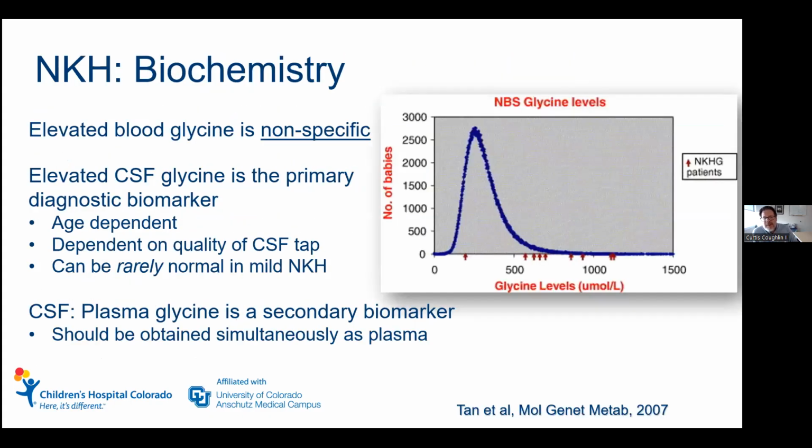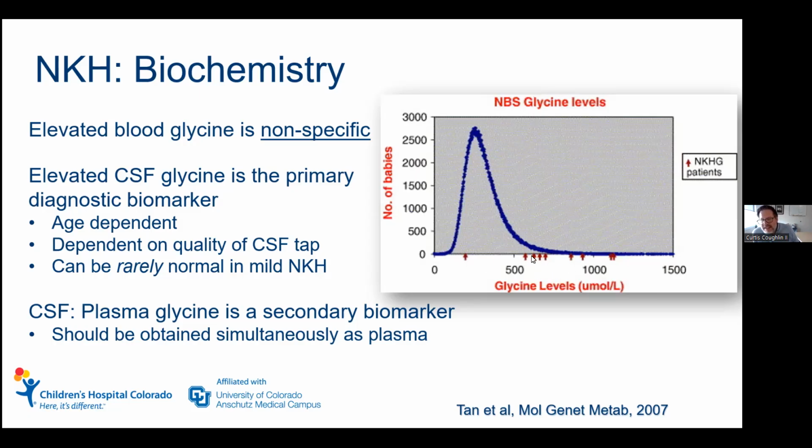First, I want to point out that elevated blood glycine is really non-specific, although this is a very old figure on this slide and not very high resolution. I love this paper because it looked at elevated plasma or blood glycine in children. This was based on a newborn screen approach of NKH and showed, and the little arrows at the bottom, if you can see them, are actually patients with NKH.